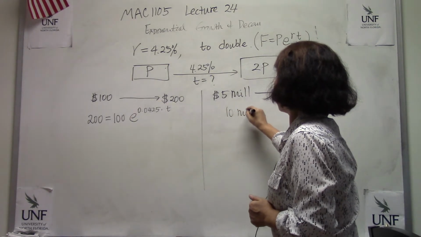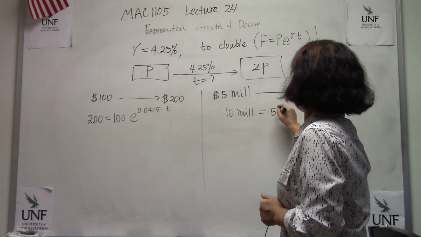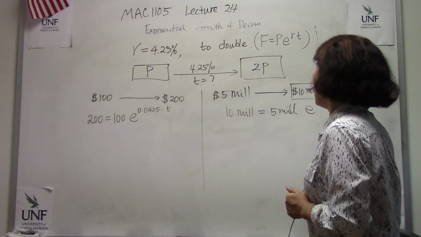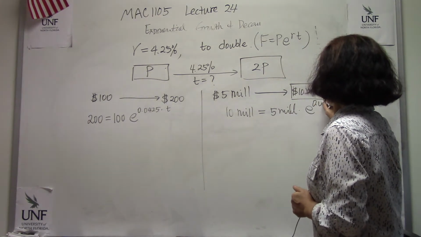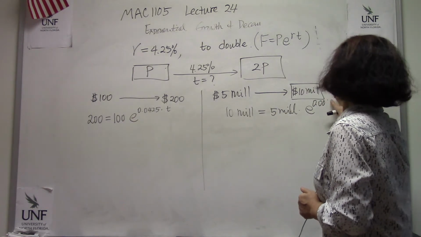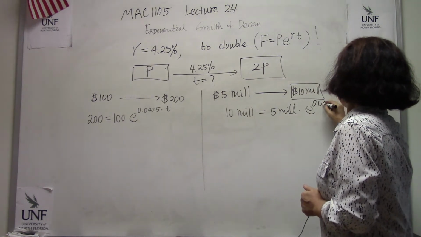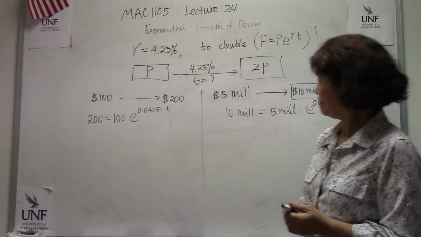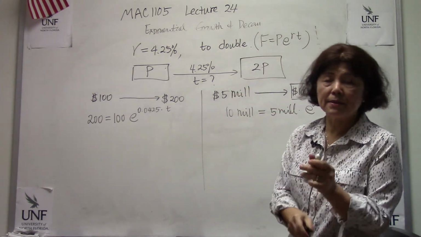So $10 million equals $5 million times e to the RT. Same interest rate we are going to apply: 0.0425 times T. So let's see what happens.